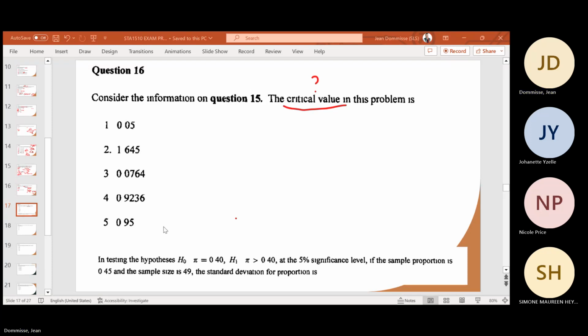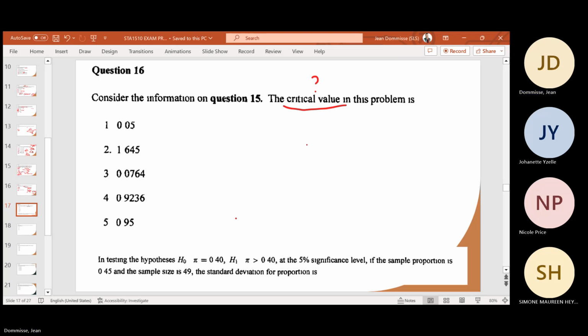Let me ask it a bit differently. Would you work out a Z, or will you use the tables? I think that is the most important table.